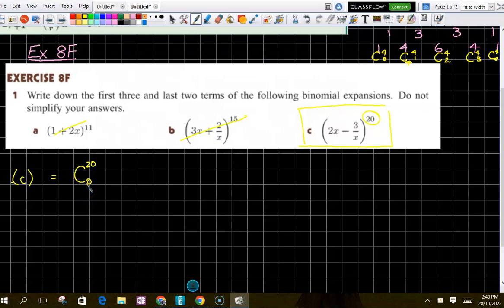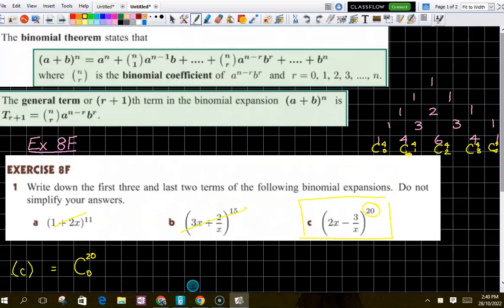But I'm just putting it there so it fits the pattern.